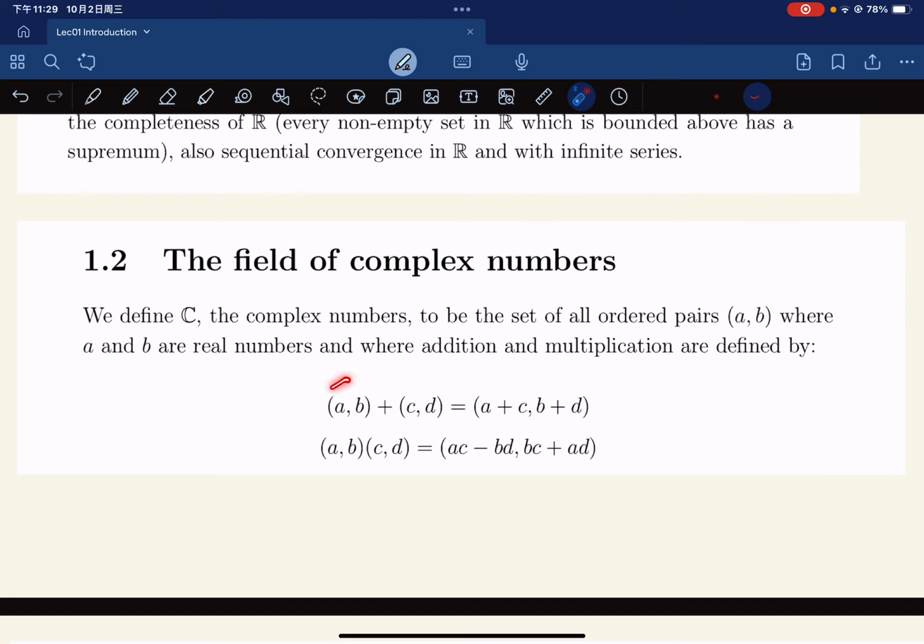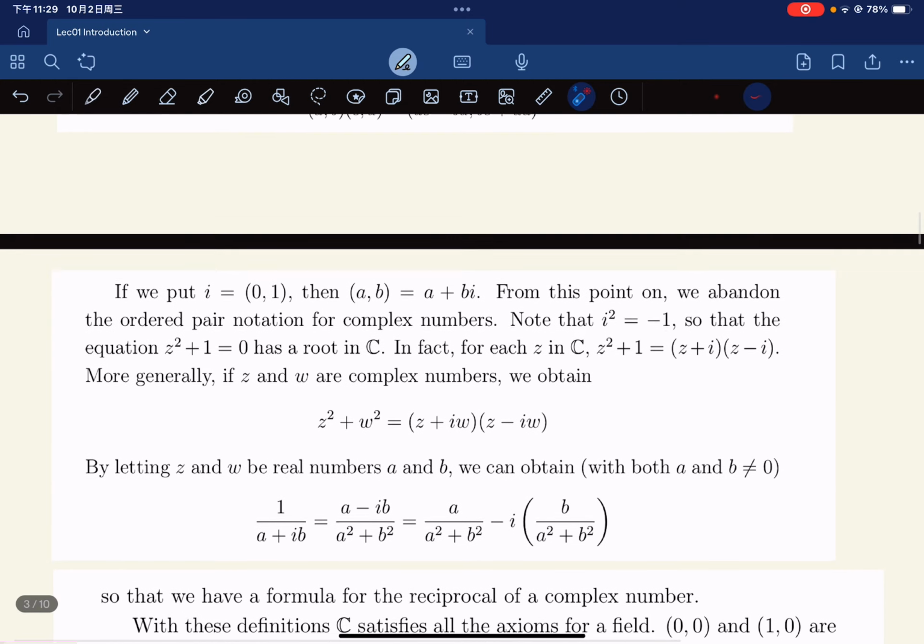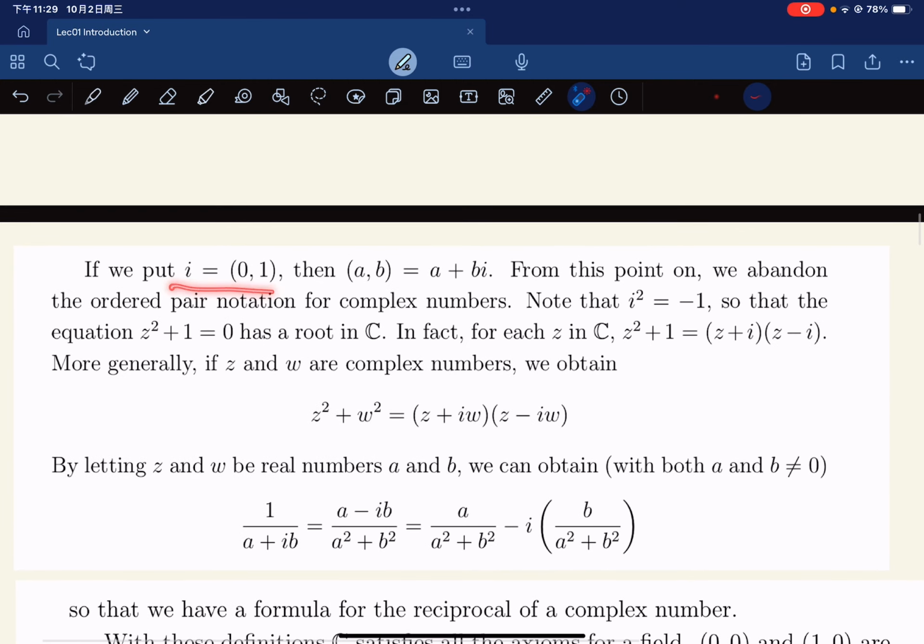And we define addition to be component-wise, and the multiplication is defined by this: (a, b) times (c, d) is (ac minus bd, bc plus ad). Okay. So if we put i equal to (0, 1), then (a, b) will be equal to a plus bi.